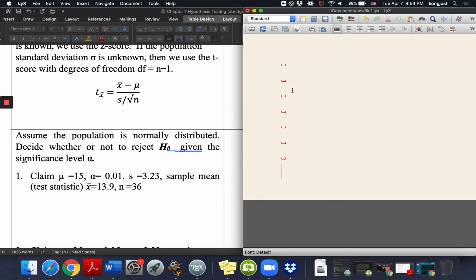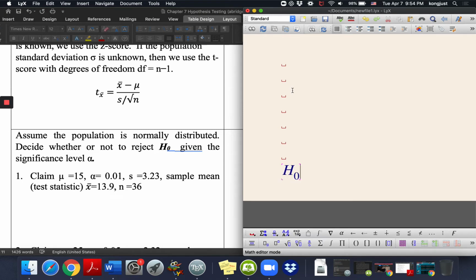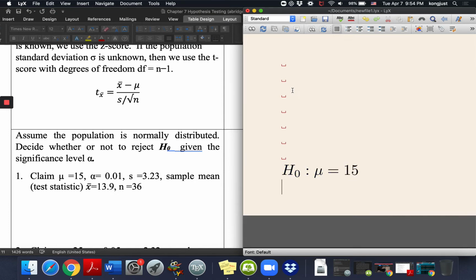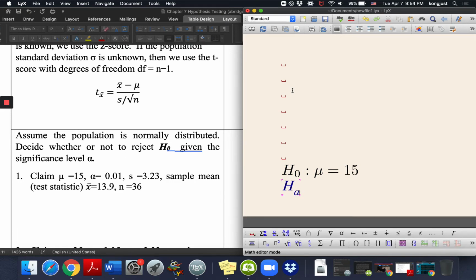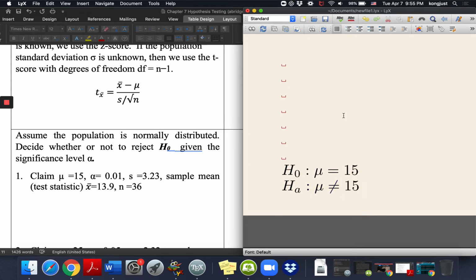Anyways, H naught is the claim that mu is equal to 15. Remember, H naught is a hypothesis that includes the equality. So the alternative hypothesis is that mu is not equal to 15, the complement of the original H naught.